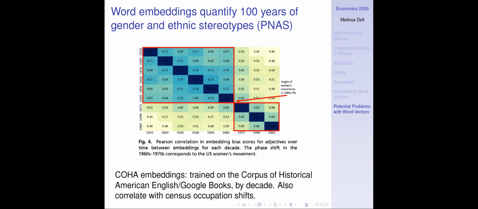But what they're doing in this graph is the biases are shifting over time, and they look at how correlated the 1950s biases are with the 1940s biases, and then they do that for 1960 with 1950. And they find the correlation gets modestly weaker at the start of the women's movement, right? So obviously this is a very rough descriptive exercise, but it seems consistent with what you would expect.